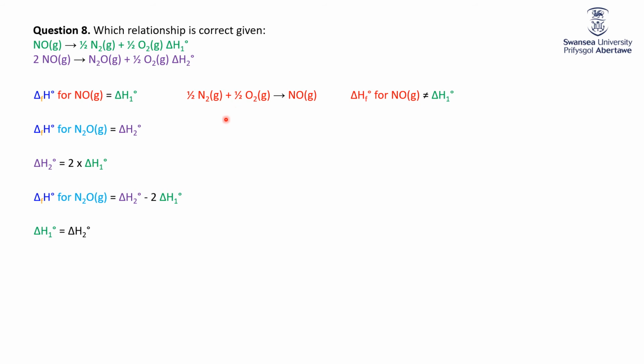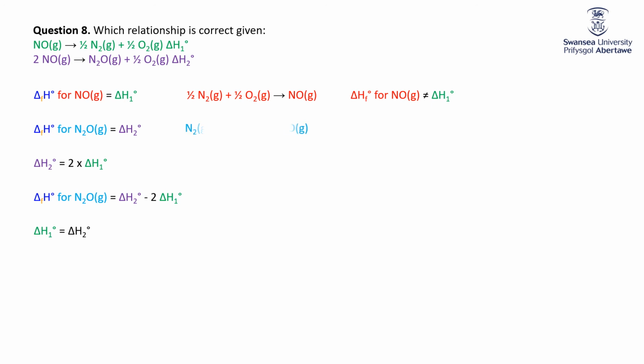Now, those who want to take it a little further will notice that this equation is actually the flip. So the heat of formation of NO equals minus delta H1, because to get this heat of formation equation, you flip the first equation. If I flip an equation, I change the sign of delta H. How about moving on to the delta H2 equation? 2NO goes to N2O plus a half O2.